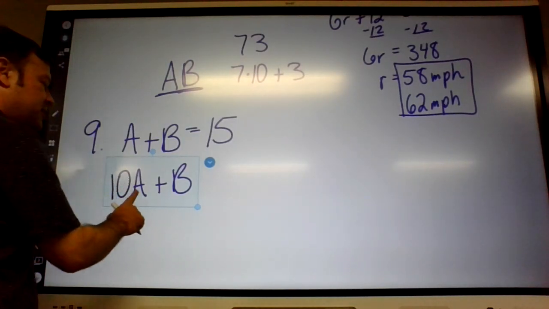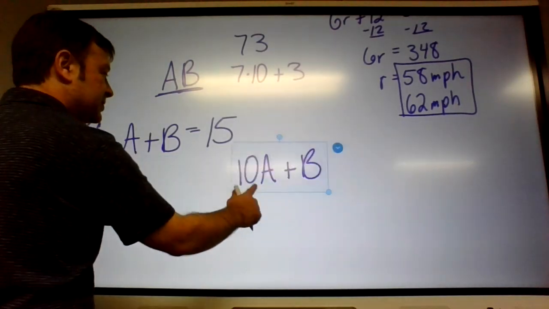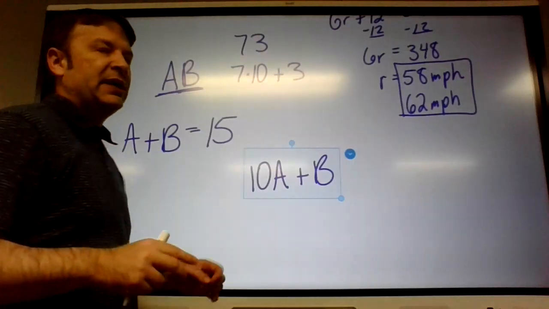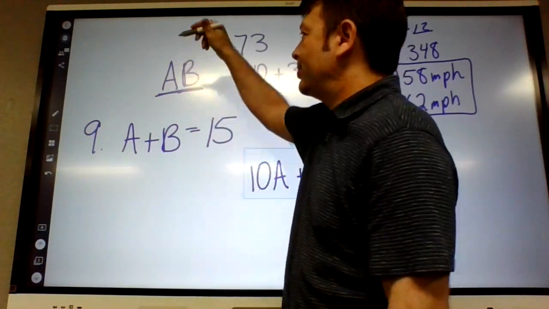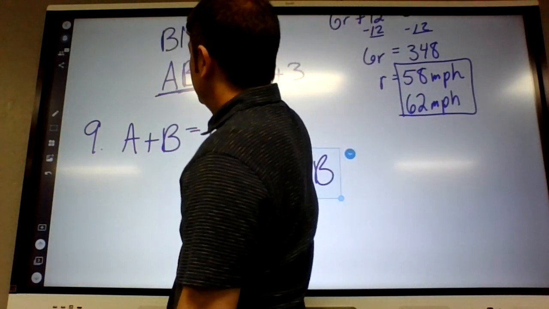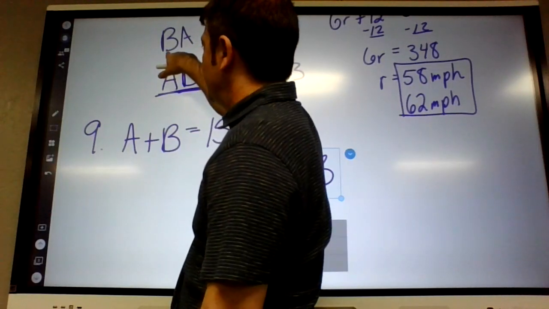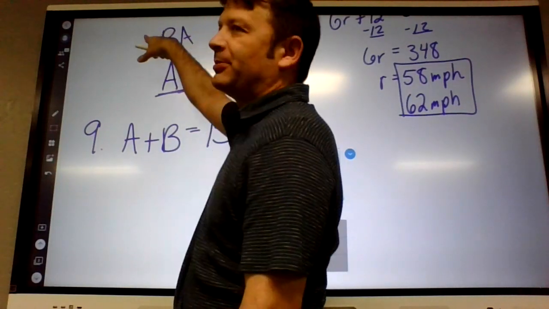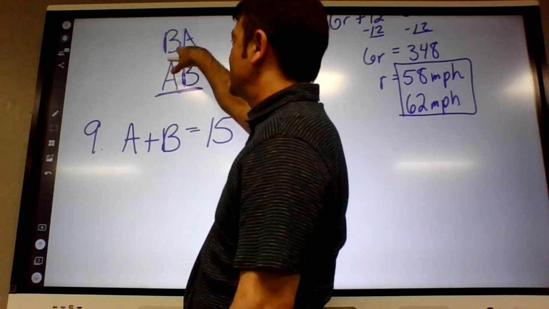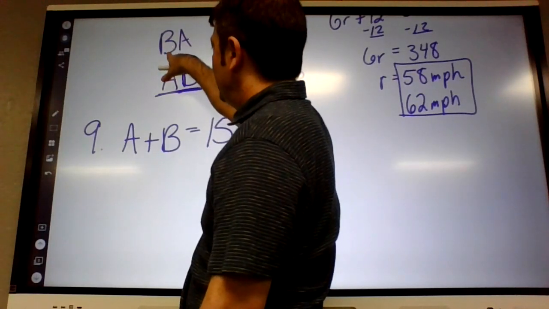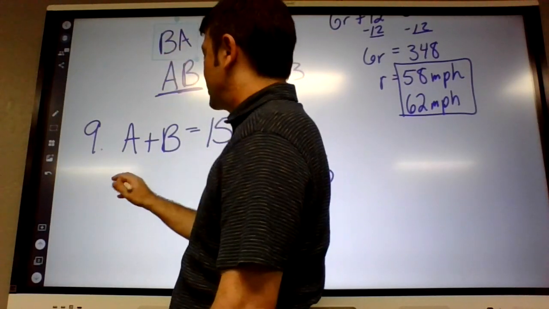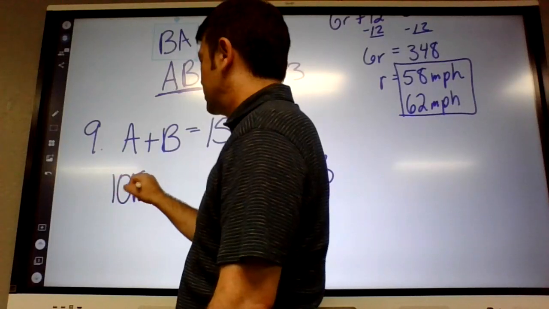Okay, what we just wrote here is actually the original. If we switched the digits, what would it now be worth? BA. I'm just saying the B is in the 10 spot and A is in the ones spot. So if you switch the digits, B would actually be worth 10 times B.